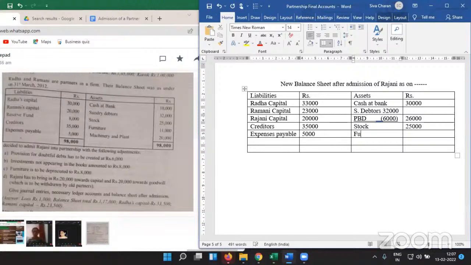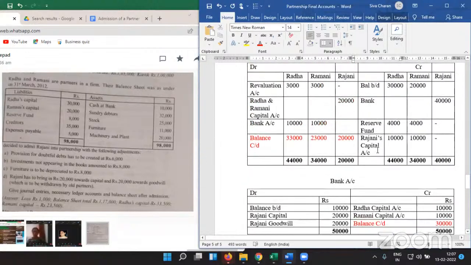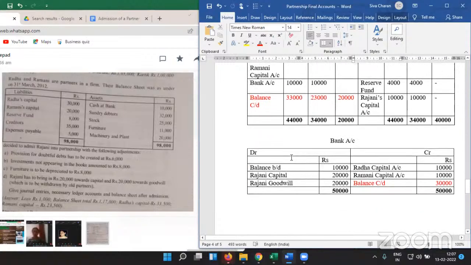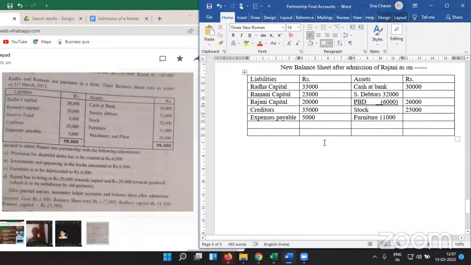Next, furniture. Do we have furniture adjustment? Yes, we have furniture adjustment, right? Which side relating to furniture adjustment are you showing in the revaluation account? Debit side. So we are supposed to subtract it from the furniture as a depreciation.